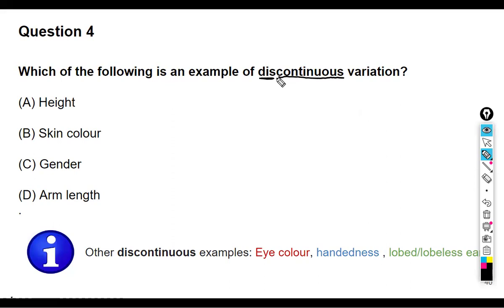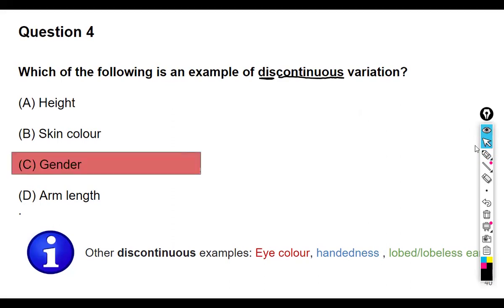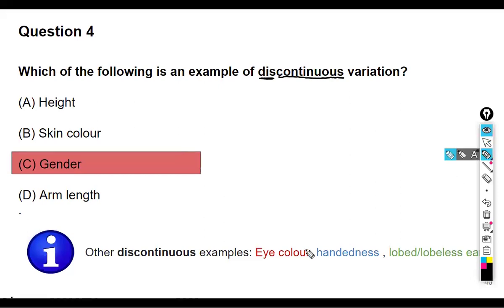So discontinuous is when you have definite categories. It's either this or possibly something else. There are no in-betweens. And of course, that's gender. When it comes to gender, it's either male or female. There's basically two categories. Some other examples of discontinuous variation are eye color. You have black eyes, brown eyes, or green eyes.